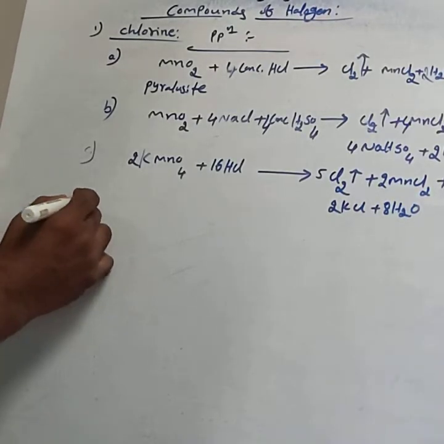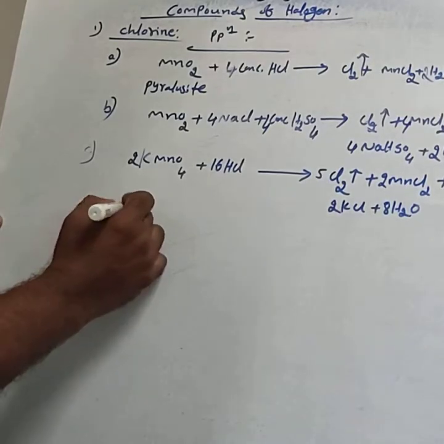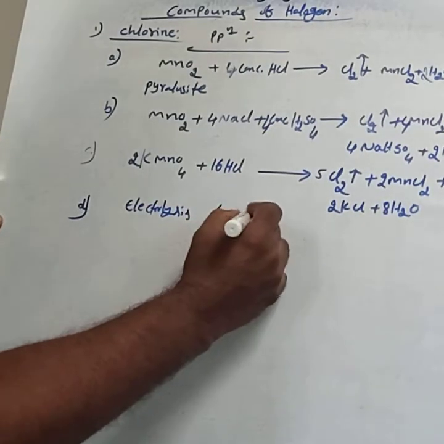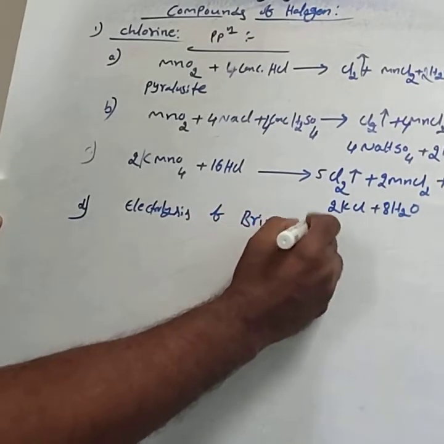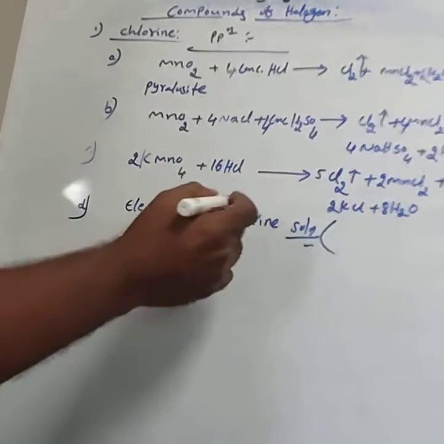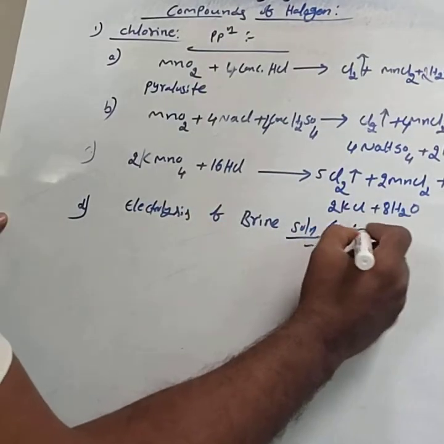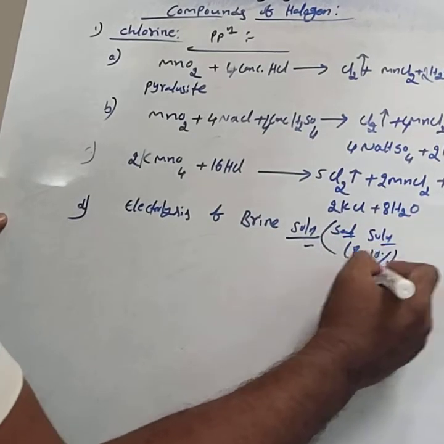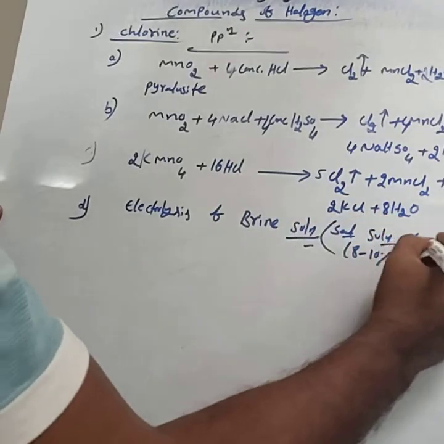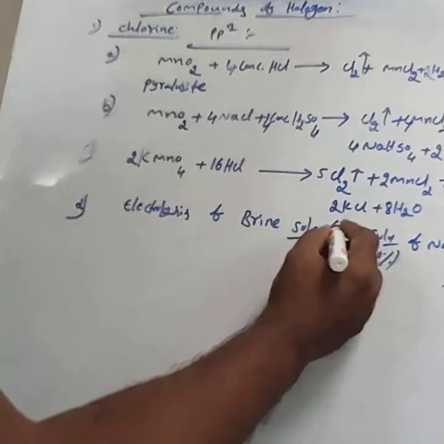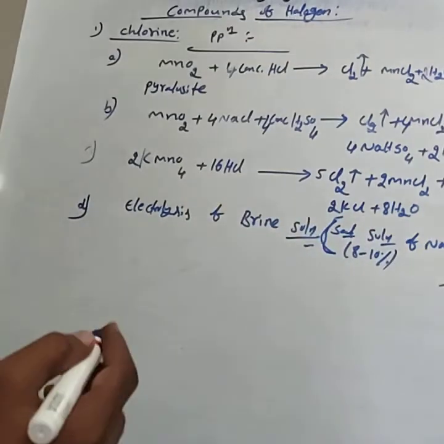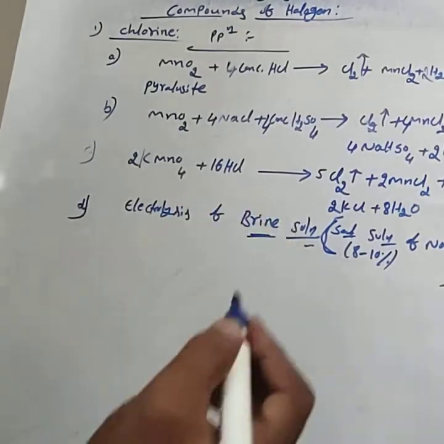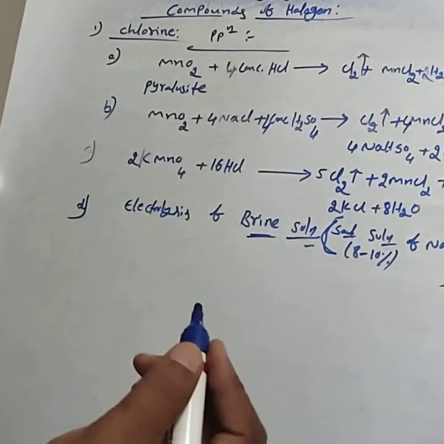Then the fourth method is the electrolysis of brine solution. Brine solution means a saturated solution of sodium chloride, nearly 8 to 10% sodium chloride in water, commonly called brine solution.